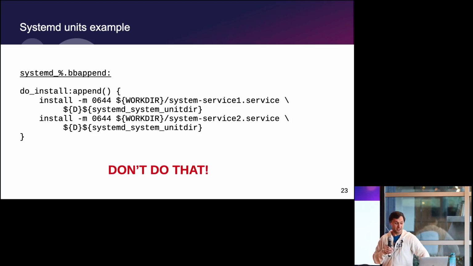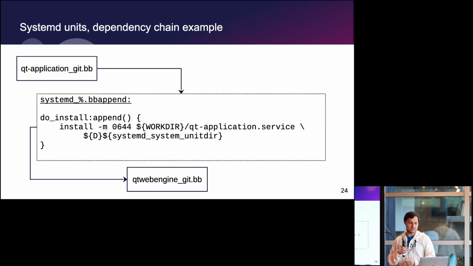So why not do that? Because you can have so many dependency links that the whole of systemd rebuilds, and that takes ages because that brings in a lot more dependencies; a lot of services depend on systemd. That's an example I had in a real project. We had a Qt application which we wanted to start at boot time, and in a layer we had just the bbappend to systemd, and that Qt application depended on Qt WebEngine.